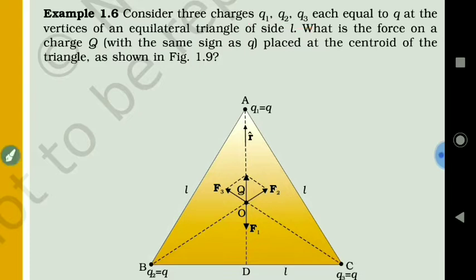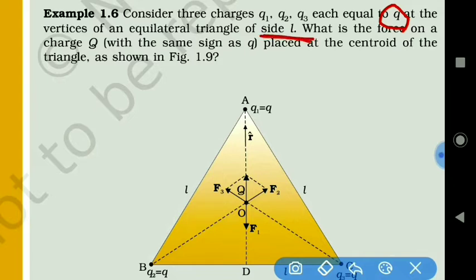Also given that the magnitude of each charge is equal, and that is Q. Also the length of the sides of this triangle is L. Now one more charge, capital Q, is kept at the centroid of the triangle, and we are supposed to find the force on this charged particle which is kept at the centroid.